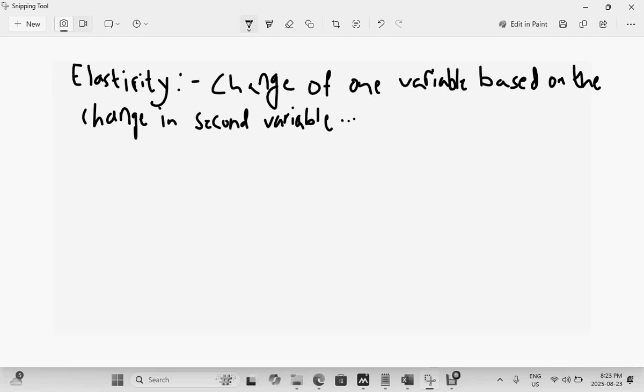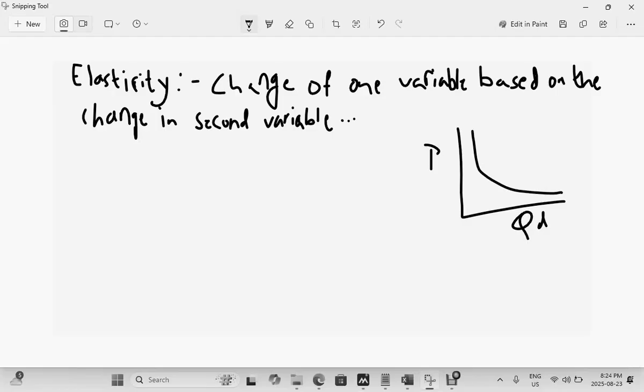If you want to draw this on a graph, suppose this is your price and this is your quantity demanded. How much will the price change your quantity demanded? Some products do not change the quantity demanded as much as other products.